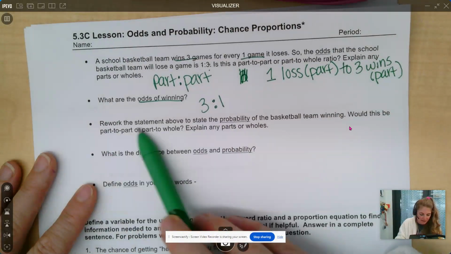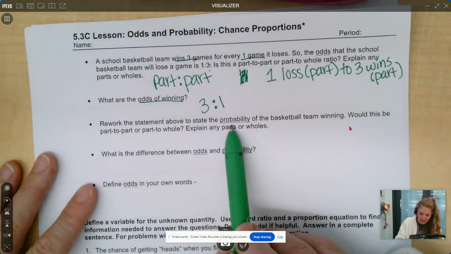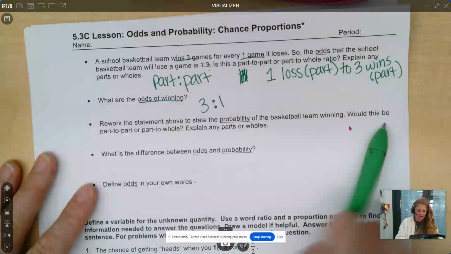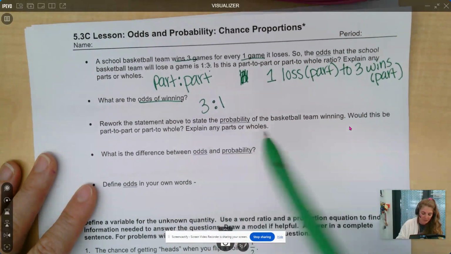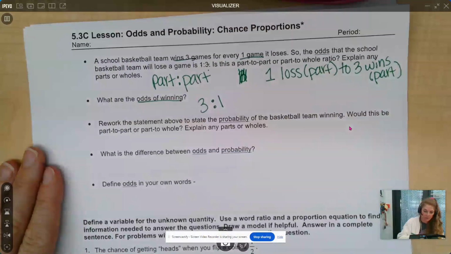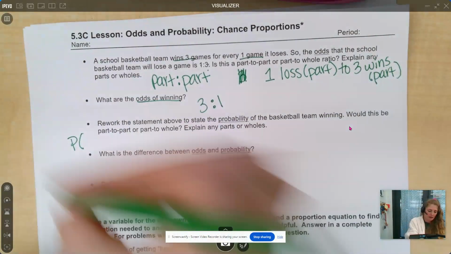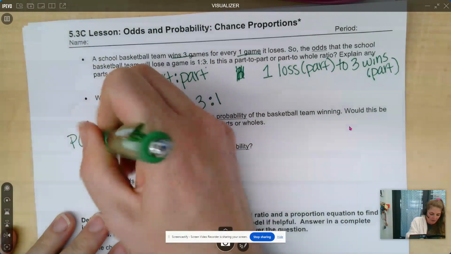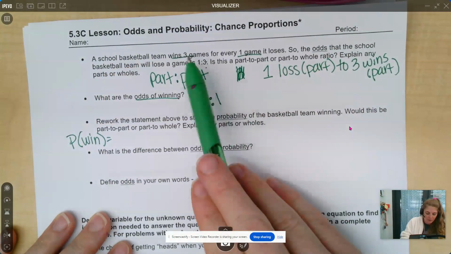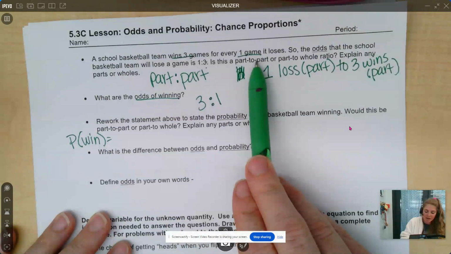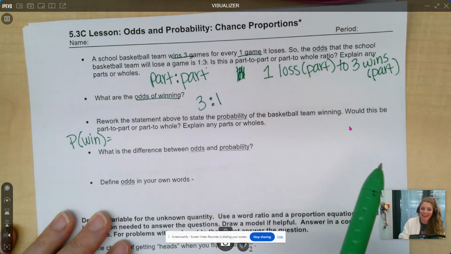It says rework the statement above to state the probability of the basketball team winning. Would this be part to part or part to whole? Explain any parts or wholes. So for the probability of winning, we're going to use probability notation, capital P. Since it wins 3 games for every 1 game it loses, that means there's a total of 4 games.